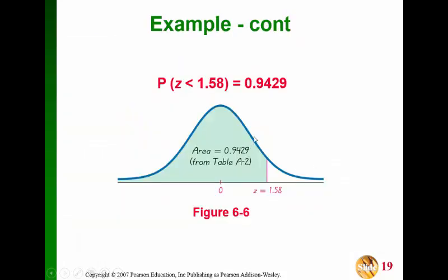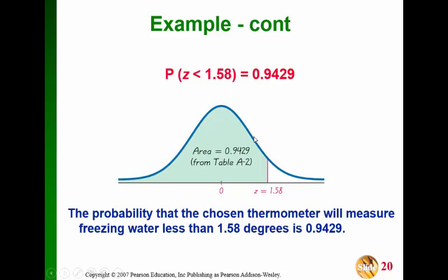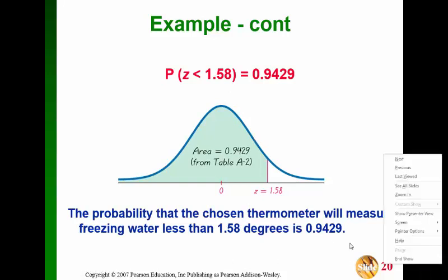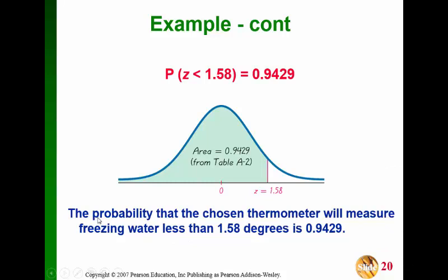I kept these slides because I like the interpretation. One interpretation is that the probability that one chosen thermometer will measure freezing in less than 1.58 degrees is 0.9429. So it is a probability.